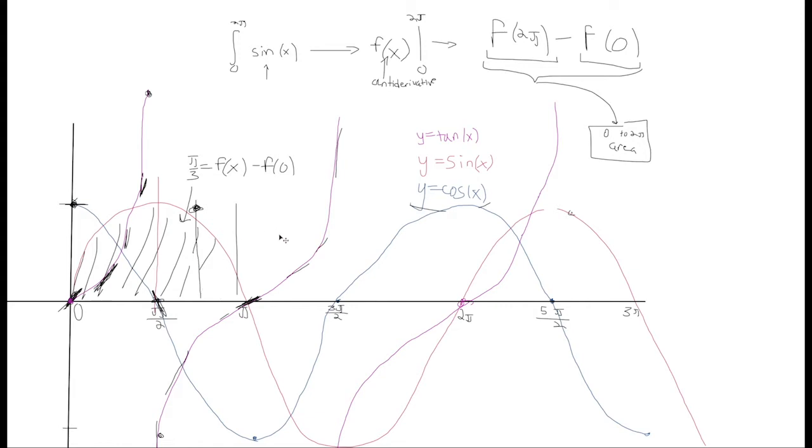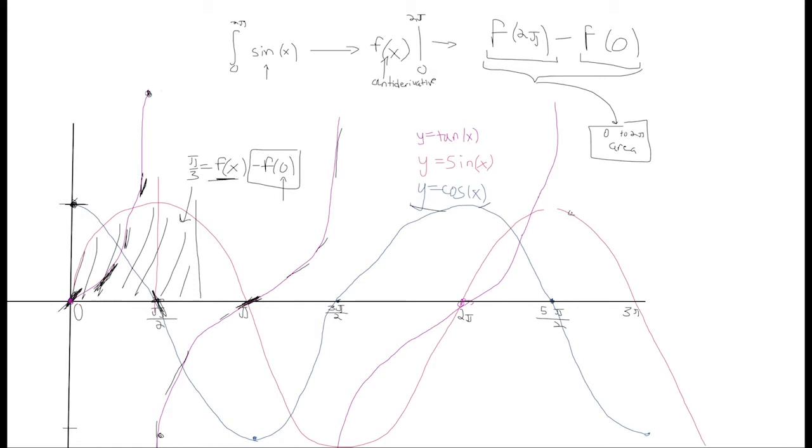But this area under the curve, in this case, is going to reflect the antiderivative function. And the reason for that is we're always using the same lower bound, right? We're always getting the area between some x value and 0. We're always using 0 as a lower bound. So that means that this f of 0, because it's not changing, this f of x is the only thing that's changing.